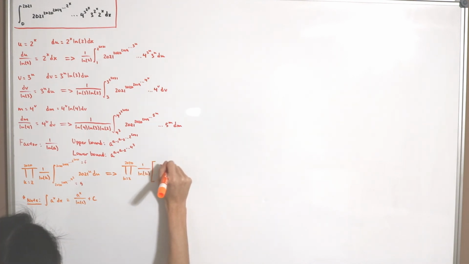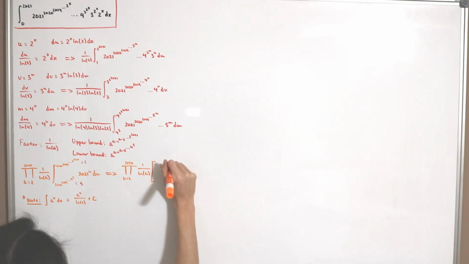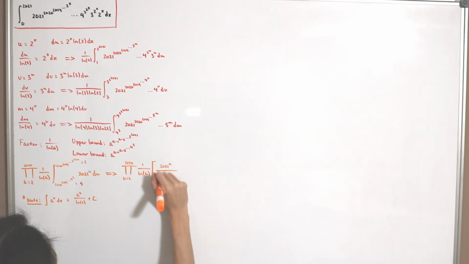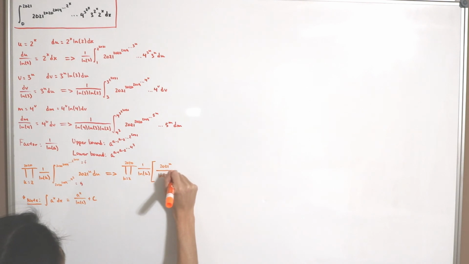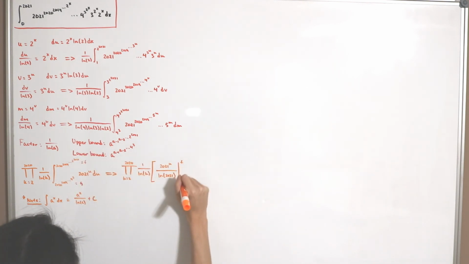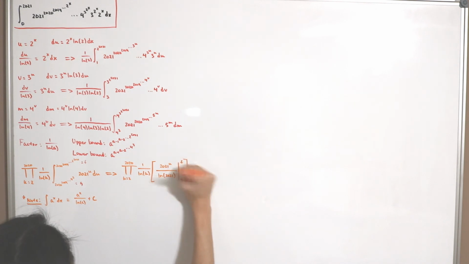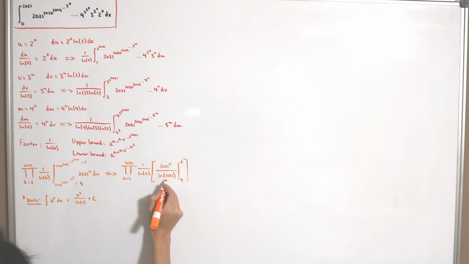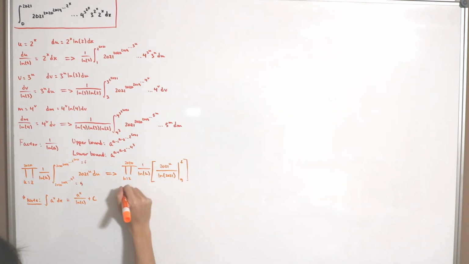So 2021 to the power u, divided by ln of 2021, evaluated from what I just defined as f and then g. What I can do is factor out an ln of 2021. That changes the index of the product series.